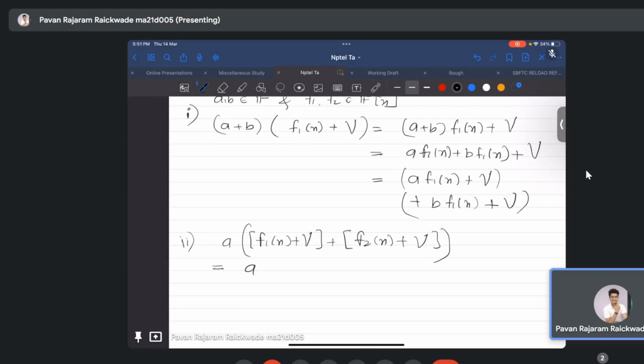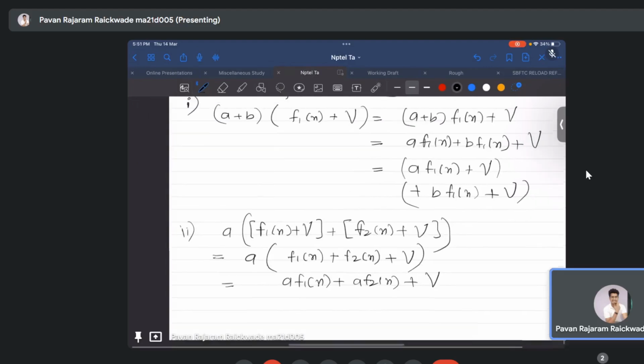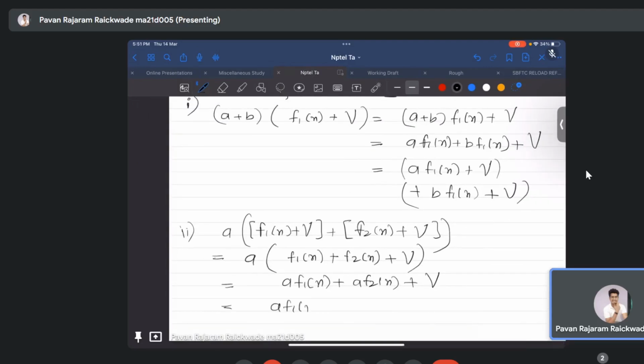What you know is a times (f1(x) + f2(x) + V), which, multiplying inside, is a f1(x) + a f2(x) + V, which is (a f1(x) + V) + (a f2(x) + V), which is nothing but a times (f1(x) + V) plus a times (f2(x) + V).